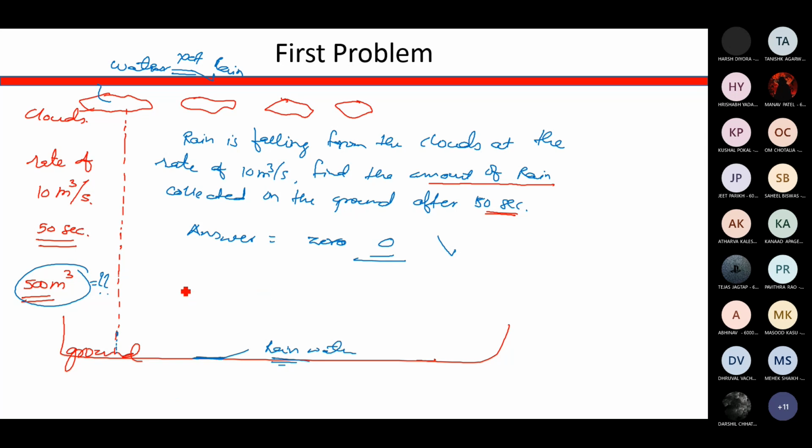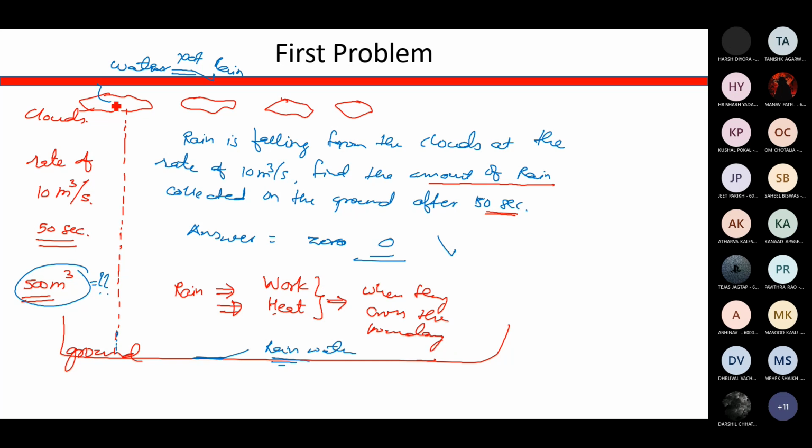Now try to understand the analogy between rain, work and heat. Heat and work are path functions, right? And they only come into picture when they cross the boundary.